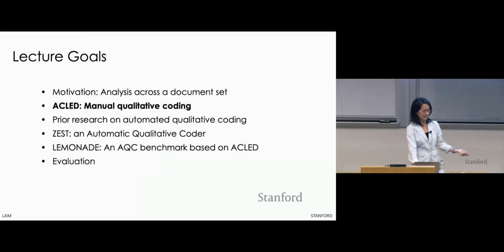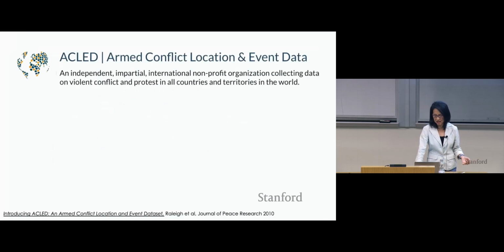So now, let's talk about qualitative coding in the real world. A lot of times when we do NLP, we just talk about what other papers are doing. But I think it is actually really interesting to see things in practice. So this is a group called ACLED, the Armed Conflict Location and Event Data.